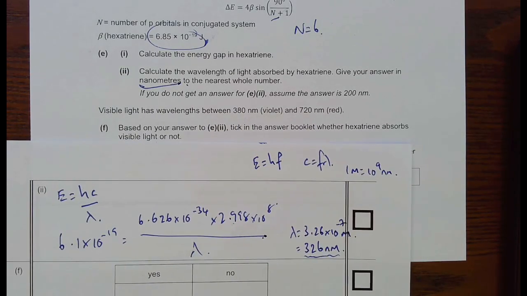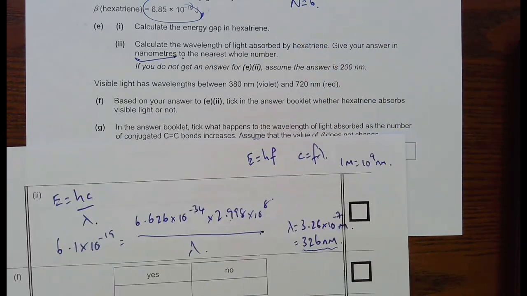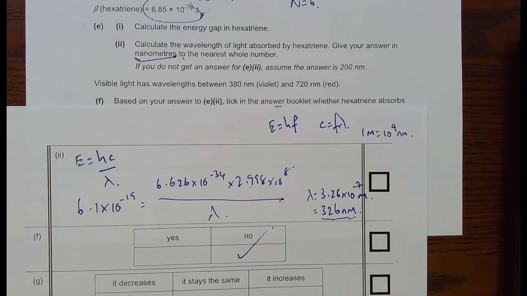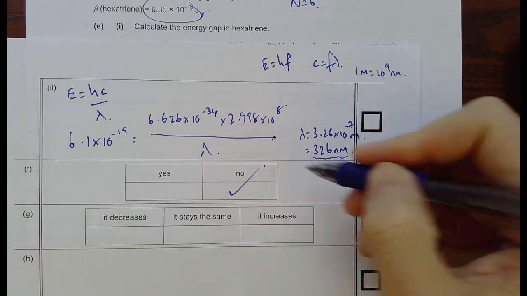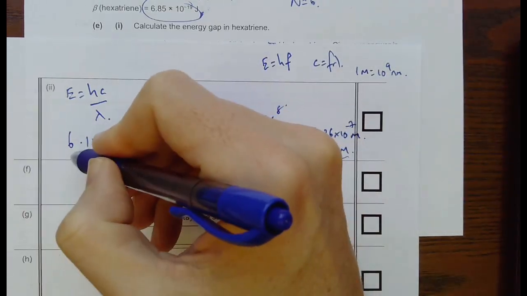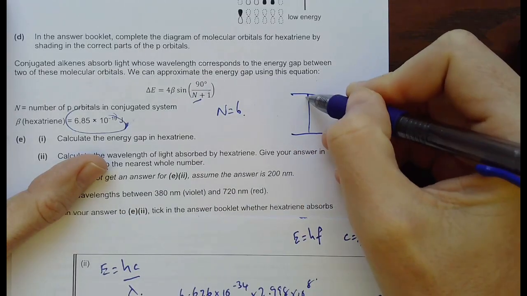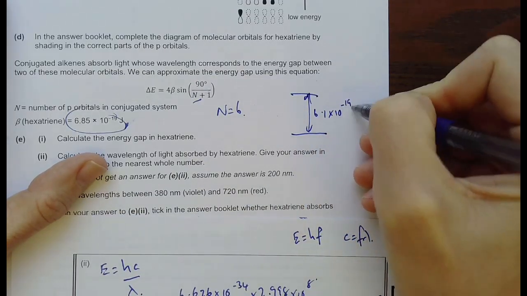Okay. Based on your answer to E part 2, tick the answer in the booklet whether hexatriene absorbs visible light or not. No. The easiest question I think there'll be. So just so we're clear, what's happening is that the energy gap here that we've used, this energy gap, which is 6.1 times 10 to the minus 19 joules.